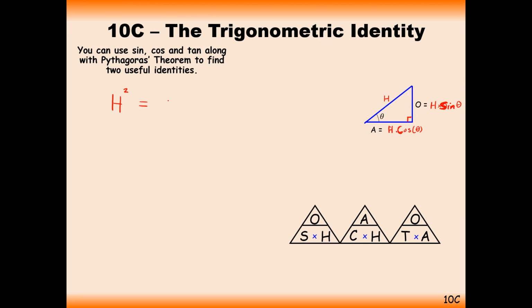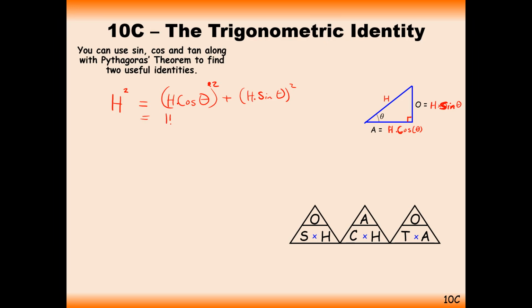So adjacent side squared is h cos theta, all of it squared, plus, notice the square is outside the bracket, h sine theta squared, and I can distribute, because there's times and times here.